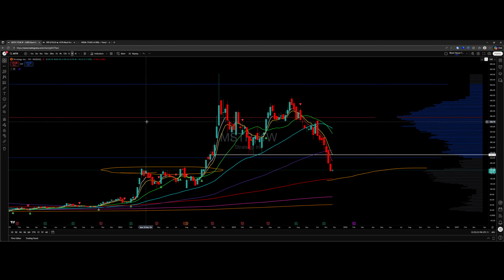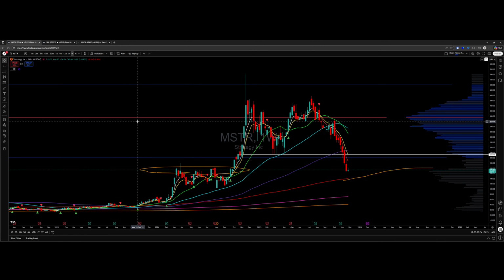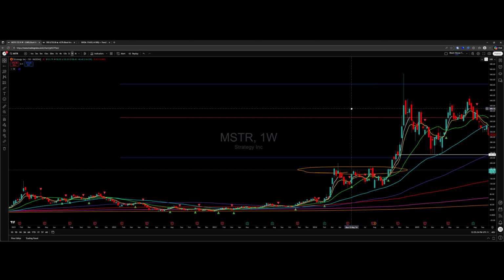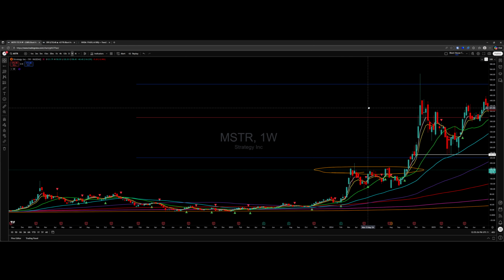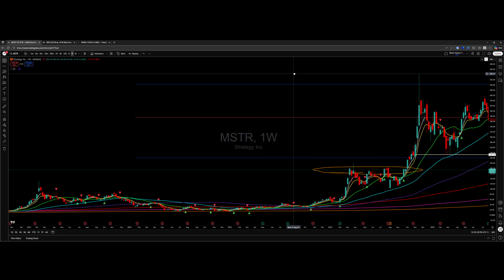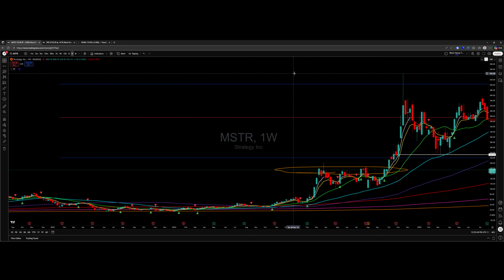So this is the weekly of MSTR. Whether you're trading above the 20, the 50, the 200, you're trading above everything. It's not unreasonable to come back and check the 20. Now, if you're looking at this chart on the weekly, of course, you see all this past price that we identified in here.